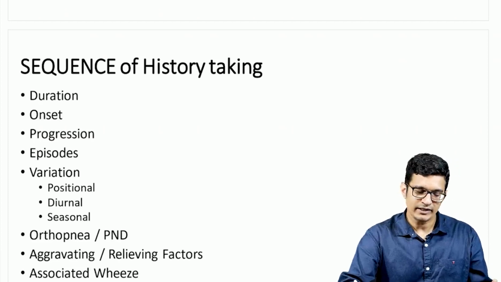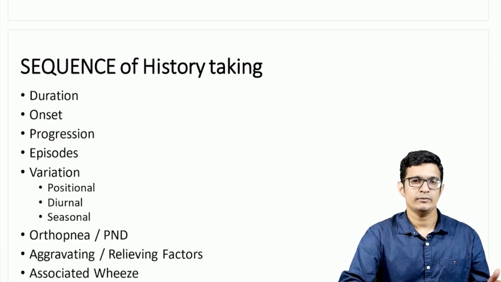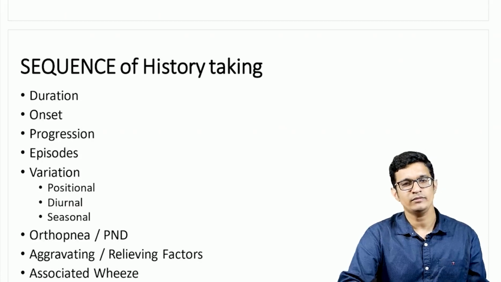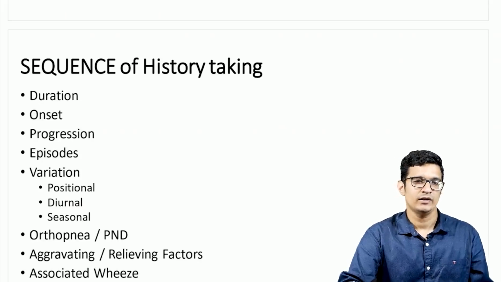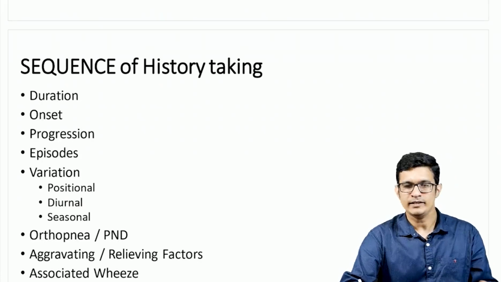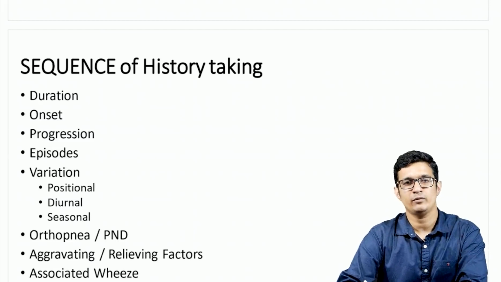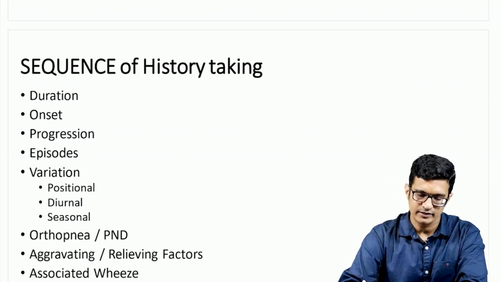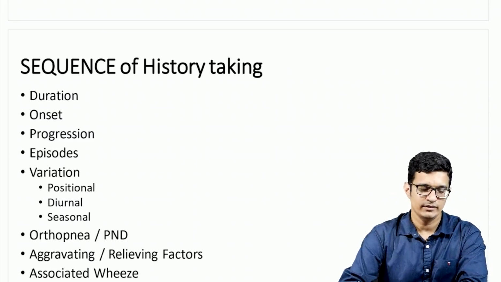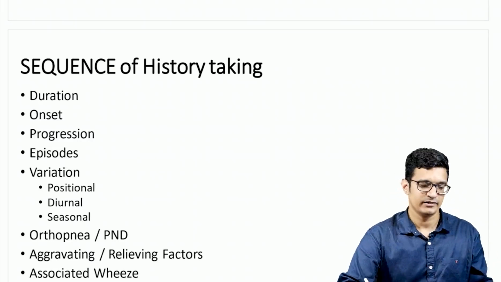In sync with that, we also ask about orthopnea, which is in ideal terms a positional variation of dyspnea, and another milder variant of orthopnea, which is paroxysmal nocturnal dyspnea. Then we complete the history taking by asking about the aggravating and relieving factors and whether the breathlessness is associated with any wheeze or not. This is how we generally structure our presentation.